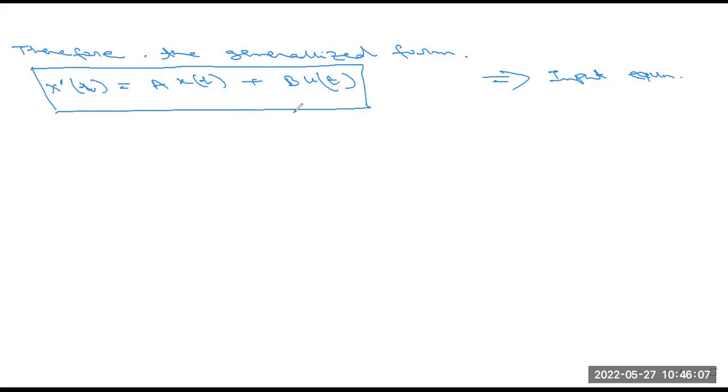Yes, sir. Okay, so next we have to calculate the output equations. You know that in our previous diagram, the outputs are y1(t) and y2(t).